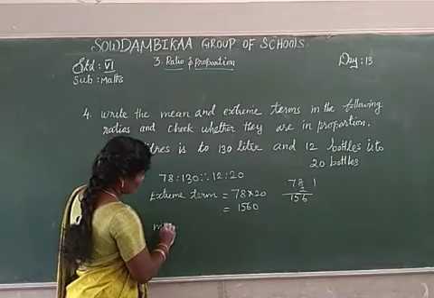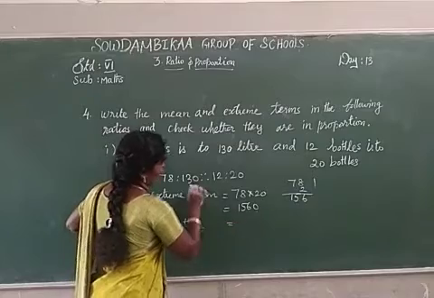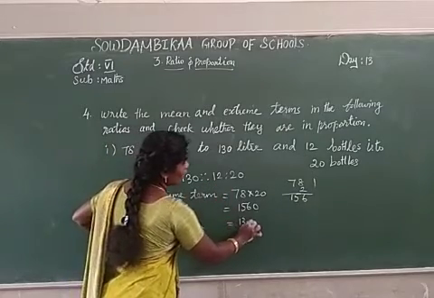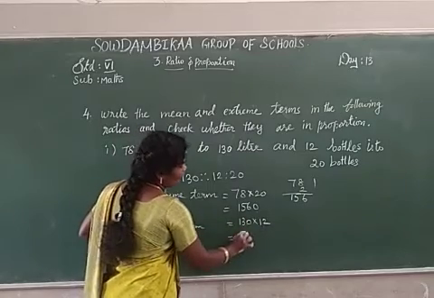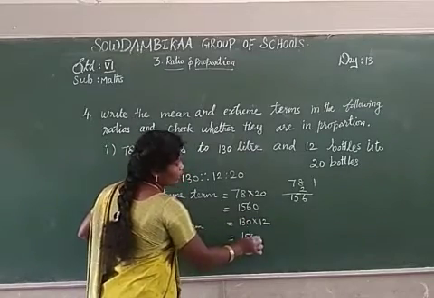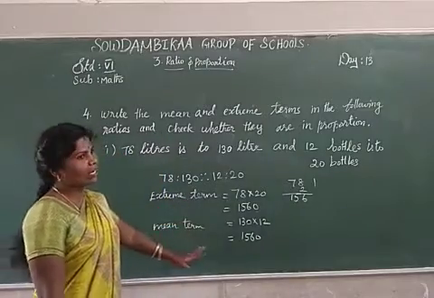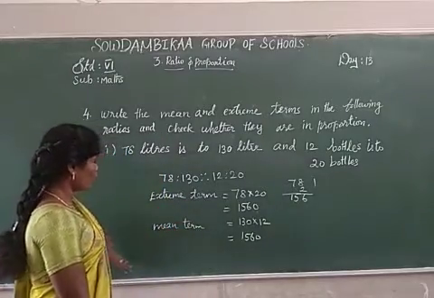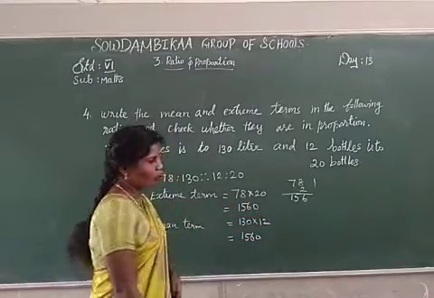Now the mean term: 130 into 12. 13 12s are 156, and remaining 1 zero. The product of extreme terms and the product of mean terms are equal, so it is a proportion.